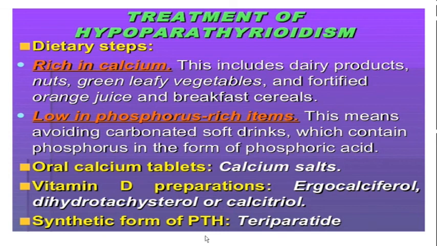Then oral calcium tablets are available in the form of phosphate and gluconate, in various combinations. Then a vitamin D preparation is used, and there is a synthetic form of PTH, teriparatide, which is given as a subcutaneous injection on a daily basis.